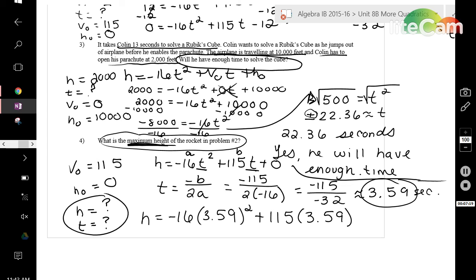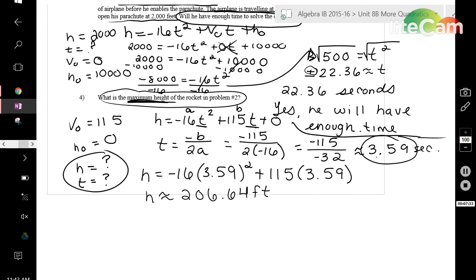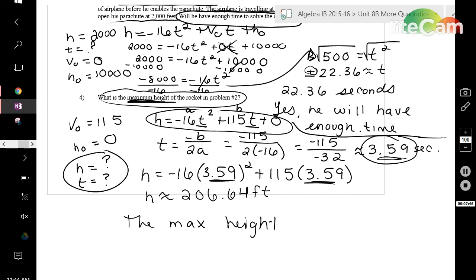And when I do that, I end up with h being approximately equal to 206.64 feet. So to answer the question, I just took my t and plugged it in for t in parentheses in my original equation. So the maximum height is about 206.64 feet.